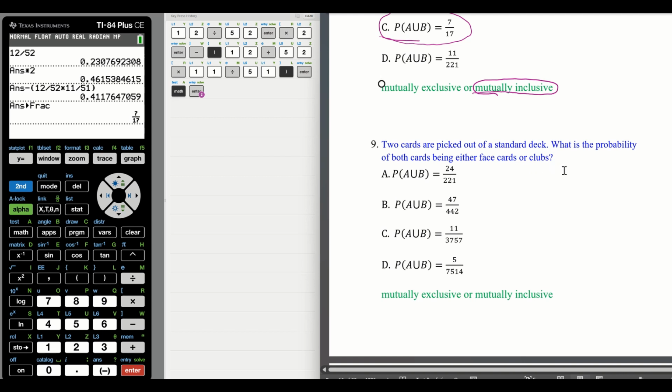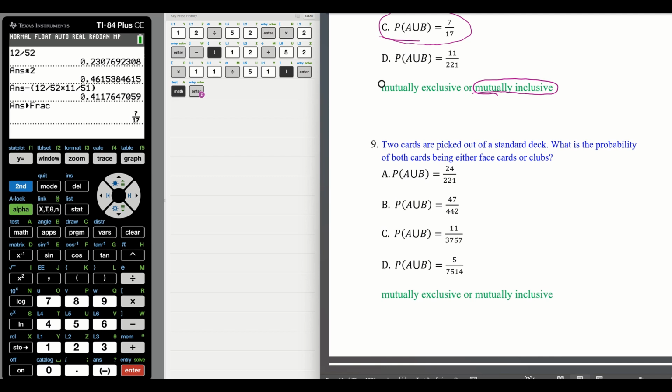What you have to remember is those two cards, we don't know, and it doesn't say if they're picking them at the same time or if they're picking them one after the other. But regardless of that statement not being in our problem, we do know that we have a situation where a face card can be a club.